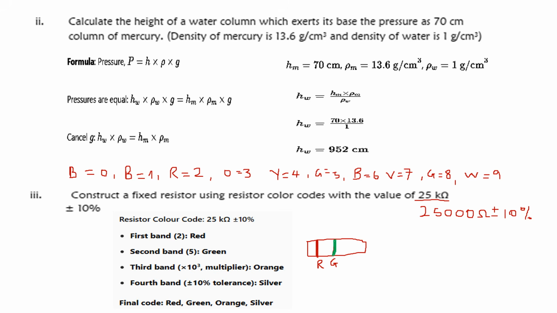The same orange is this one here. I confuse a lot with yellow. And then the last one, which is the 10% tolerance, the silver. So look for silver.